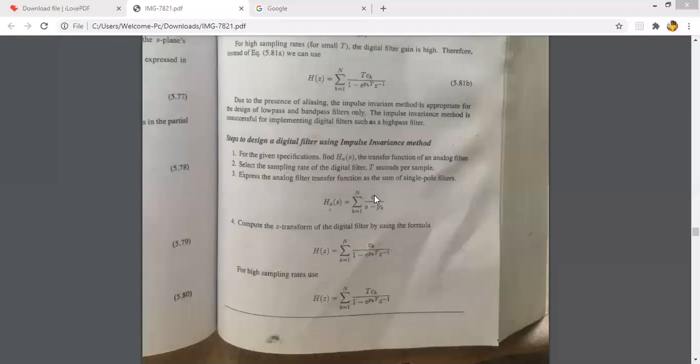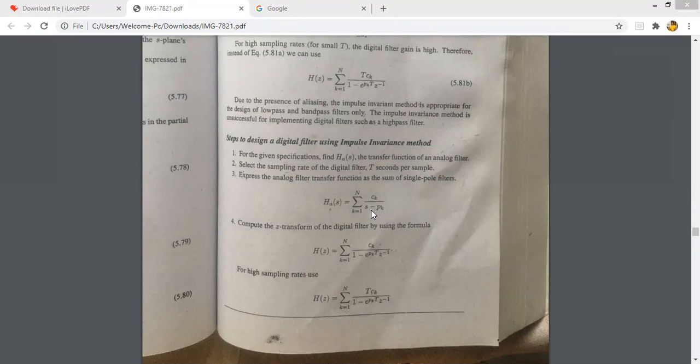If you are getting Ck by s plus pk, how do you write it? s minus of minus pk, so here minus pk will be there. This is for low sampling rates. If it is for high sampling rates, here we'll have T Ck by 1 minus e power pkT z inverse.